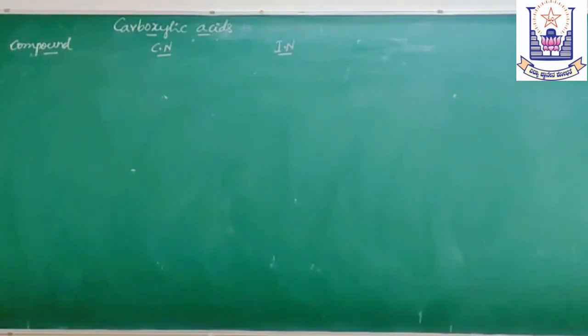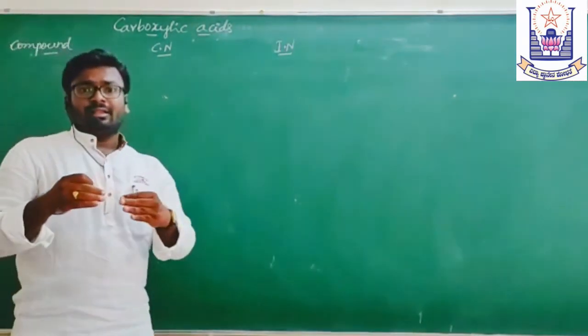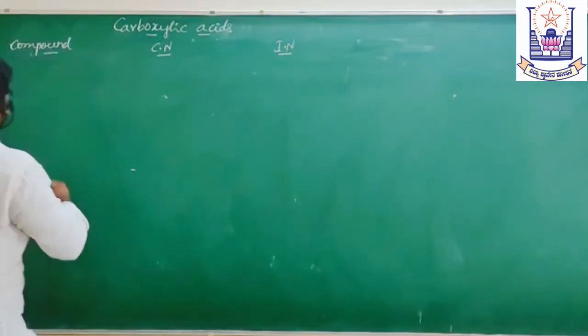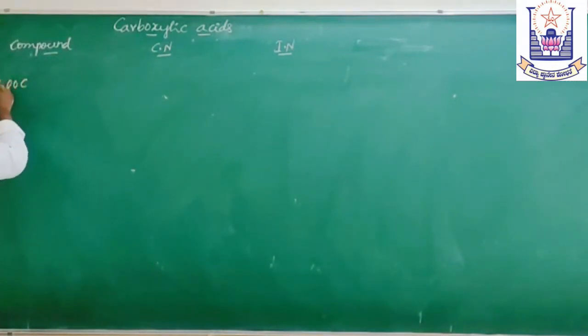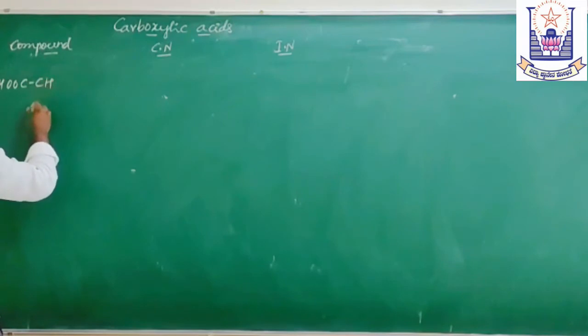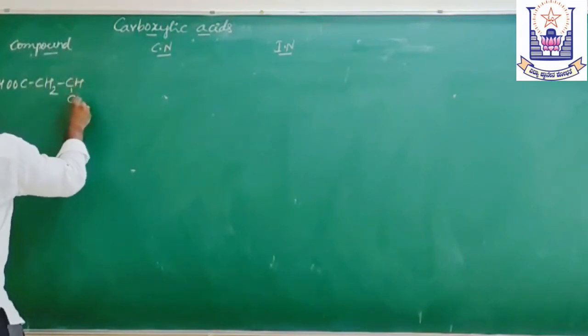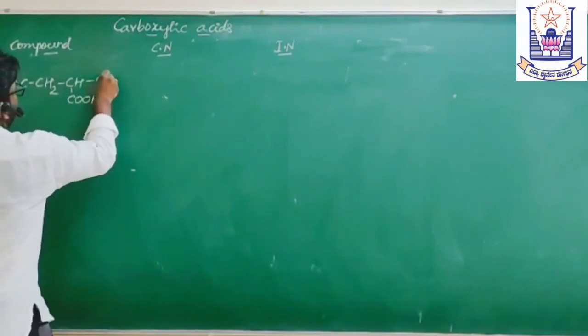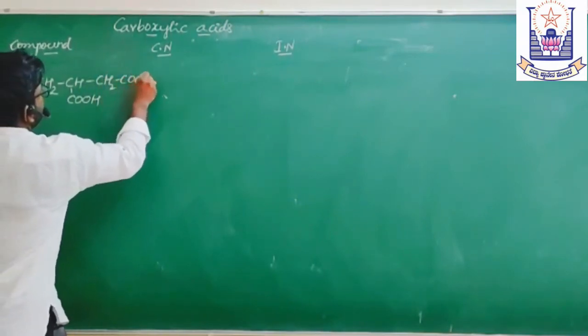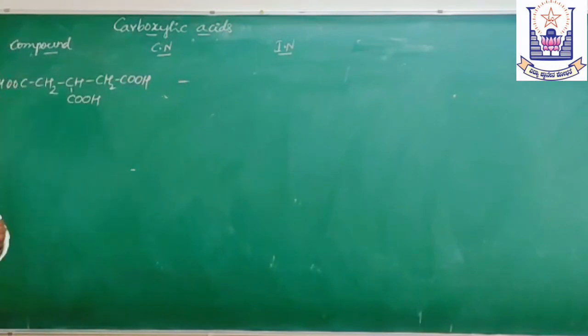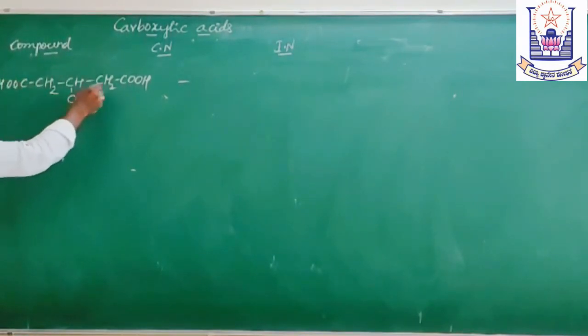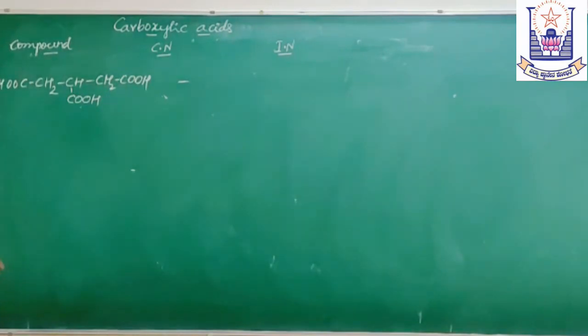Let us consider a tricarboxylic acid, for example. Common name is not required here. What is the name of this compound? Here at the terminals we have carboxylic acids, 3 COOH groups.